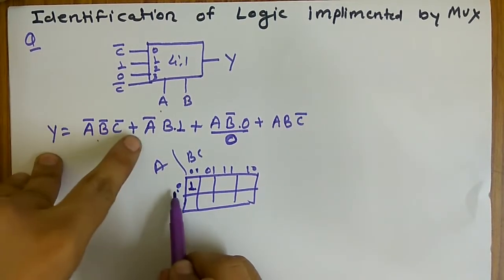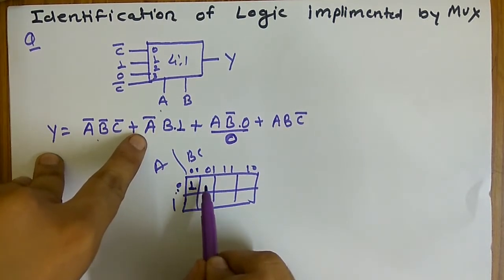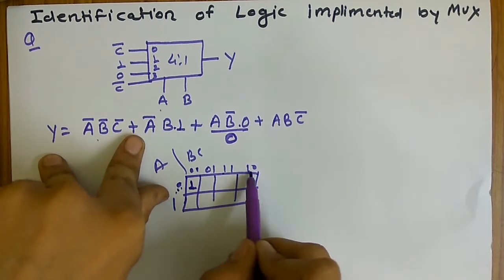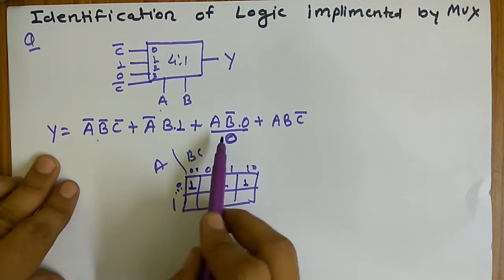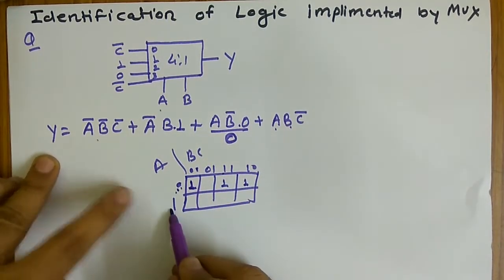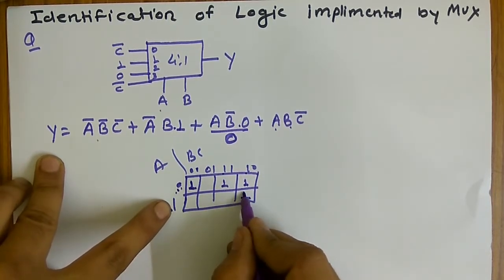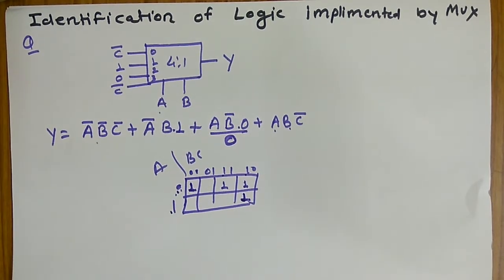Then a bar and b means this should not be changed, so this one and this one, and then this one is 0, a into b c bar. These are the minterms for this one.